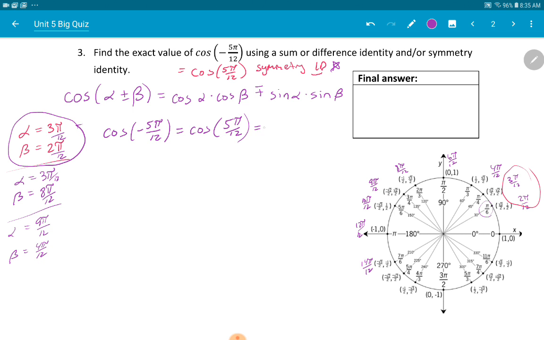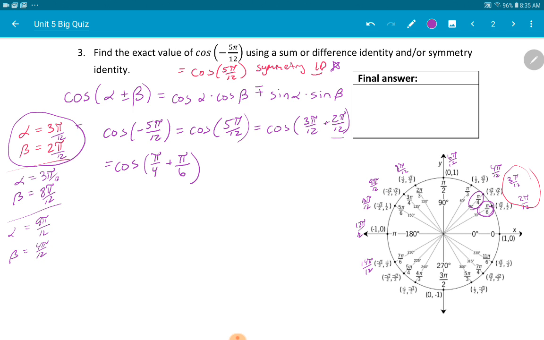And that equals cosine of 3 pi over 12 plus 2 pi over 12, which is this angle and this angle. So that really equals cosine of, 3 pi over 12 is pi over 4, and 2 pi over 12 is pi over 6.